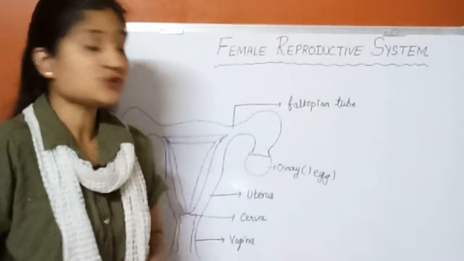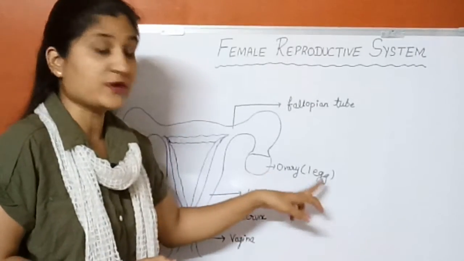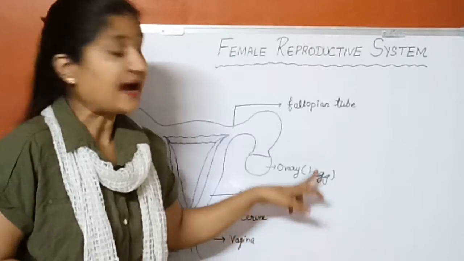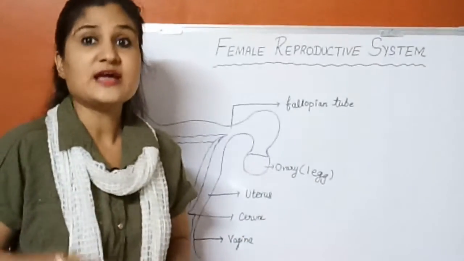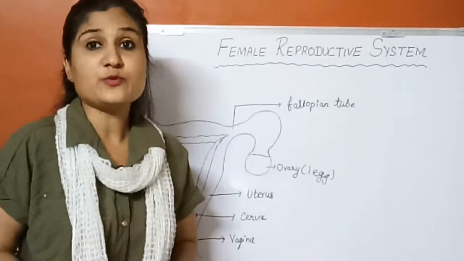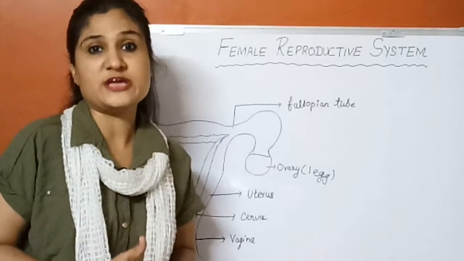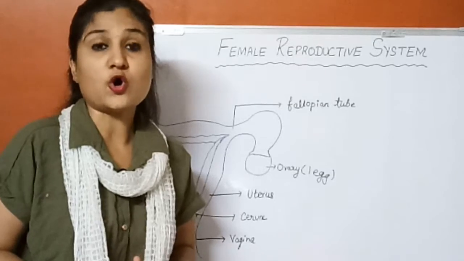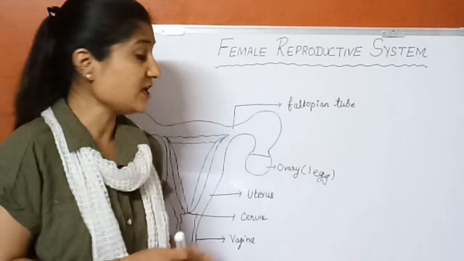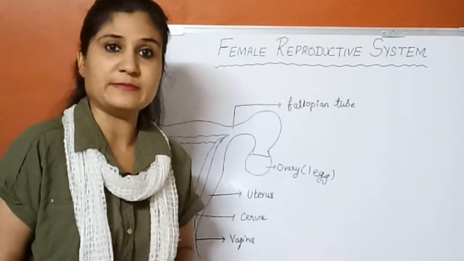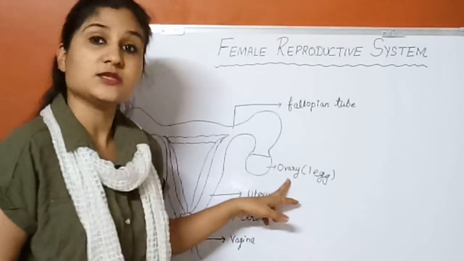So the function of the ovary is to produce one egg every month. Okay, and one more function is there, that the ovary produces a female hormone, and the name of that hormone is progesterone or estrogen. These hormones help in the sexual change in the females. So the ovary has two functions.